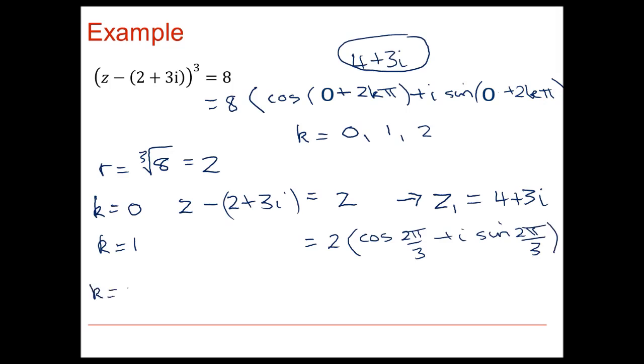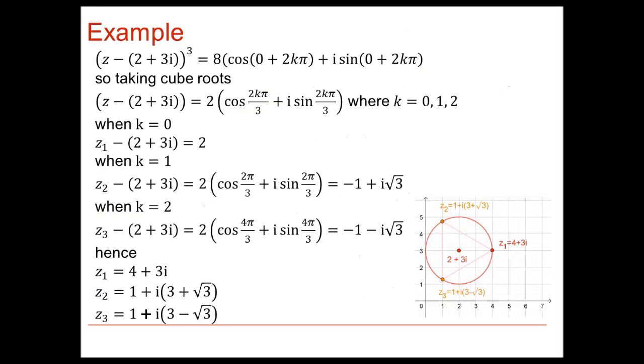Similarly, for k equals 2, we know we're going to get 2 lots of cos 4 pi by 3 plus i sine 4 pi by 3. So using our calculators we can get these values here.